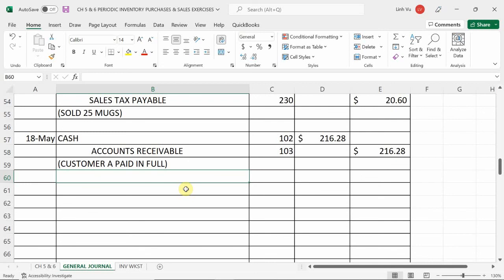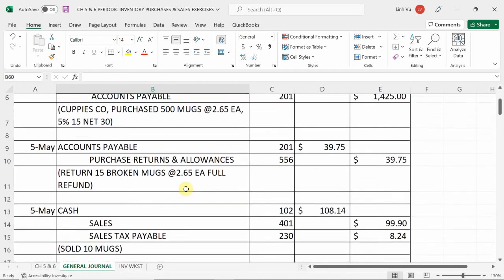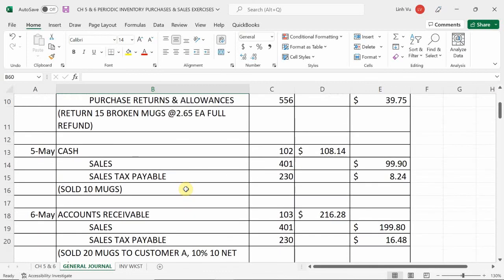Wouldn't it decrease the inventory? Well, we already sold the item to them way back on May 6th. On that date, inventory would not show up until the end of the month, because we're on periodic inventory.